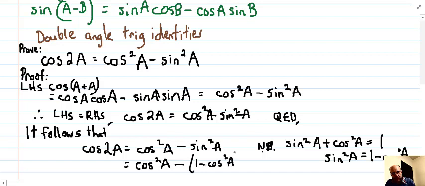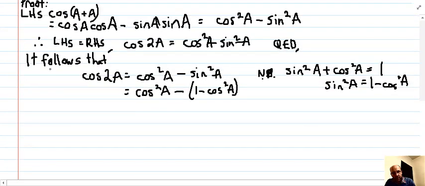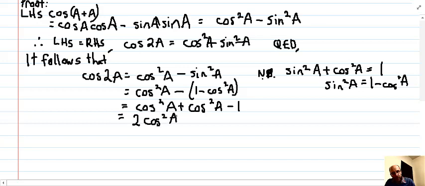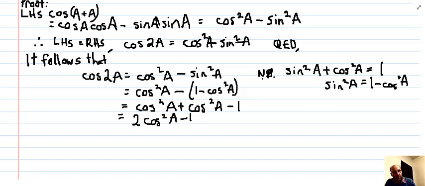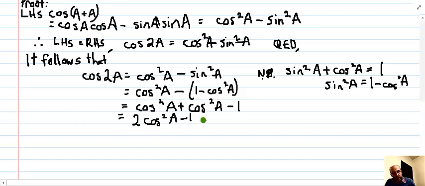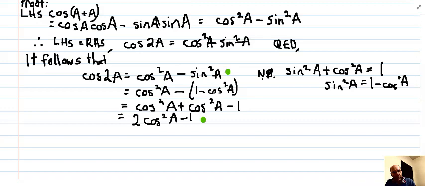We can simplify that, and that would be cos squared a. Now we've got minusing a negative essentially, so we have another plus cos squared a, and the minus is in front of the 1. So that would be 2 cos squared a minus 1. So I'd like you to know that result, 2 cos squared a minus 1, and of course that result. And there's a third one coming up.